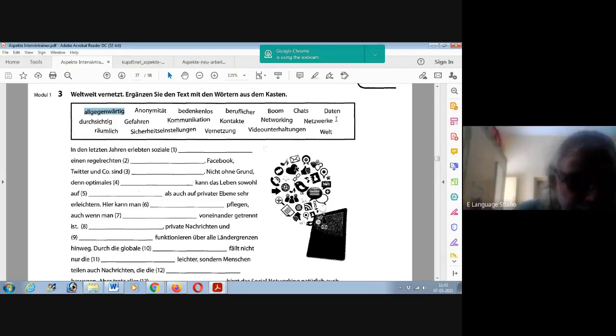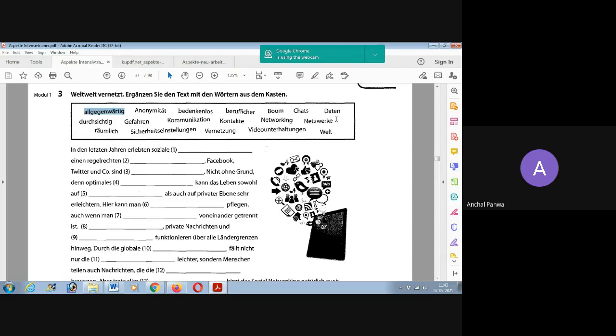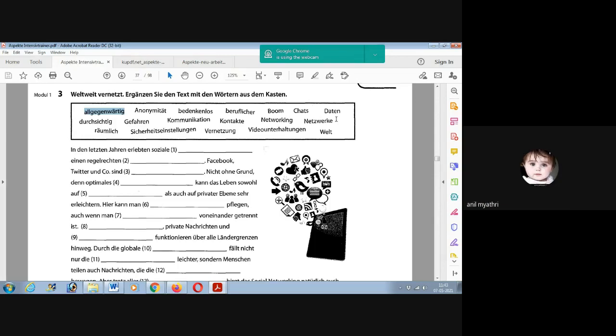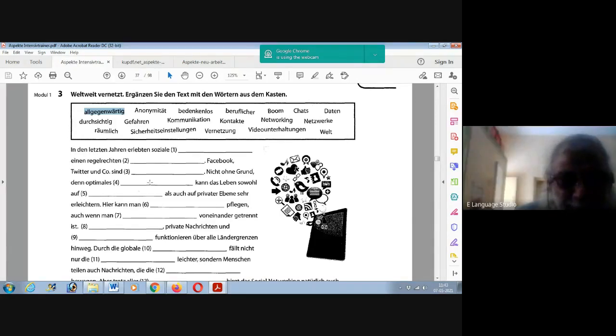Vernetzung ist feminine. Then Netzwerke. Sir, wir haben schon gemacht. Netzwerke haben wir gemacht, okay, plural. Nummer 1 war Netzwerke. Nummer 4 ist Networking.